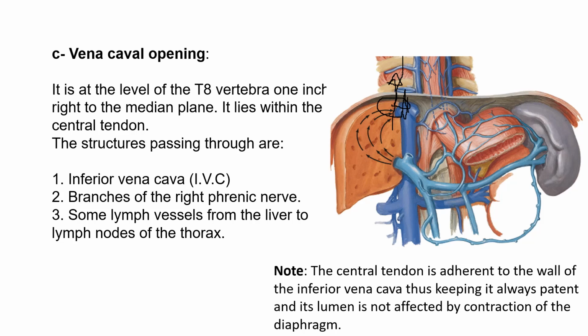These are the structures passing through the caval opening: inferior vena cava, branches of the right phrenic nerve, and some lymphatics coming from the liver to the lymph nodes inside the thorax.